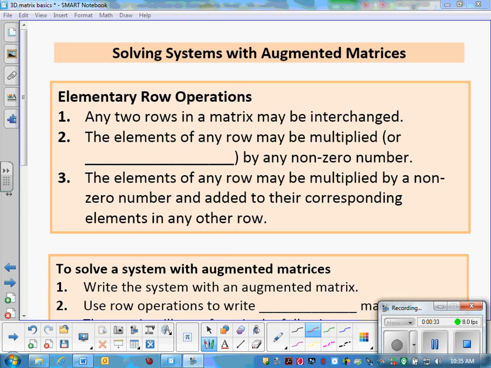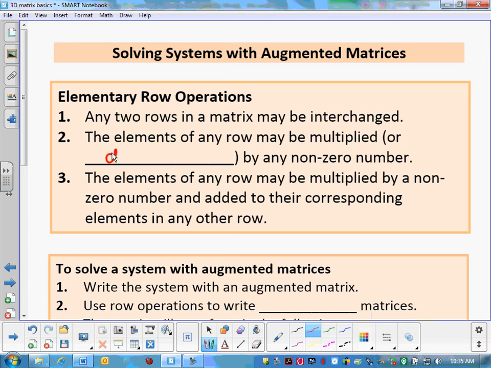So here we go. Elementary row operations. So these are the things we can do. Any two rows in a matrix may be interchanged. This is only done really in the first step. Second, the elements of any row may be multiplied or divided by a non-zero number.